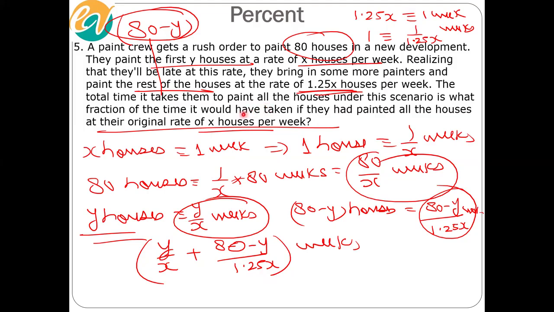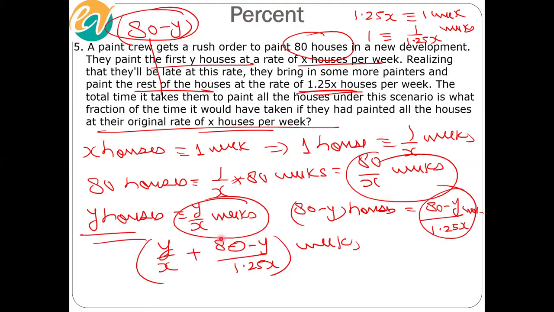The question is asking us, what fraction of the time, the total amount of time it takes them to paint. So basically, this time is what fraction of this time.